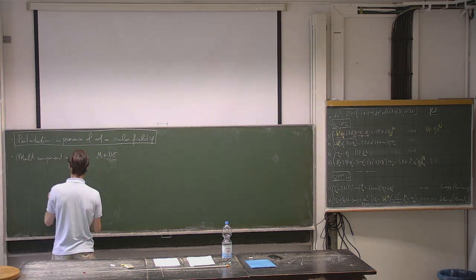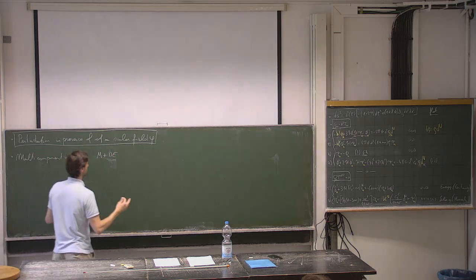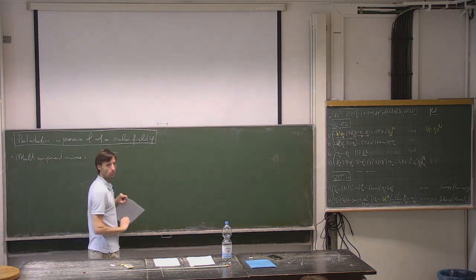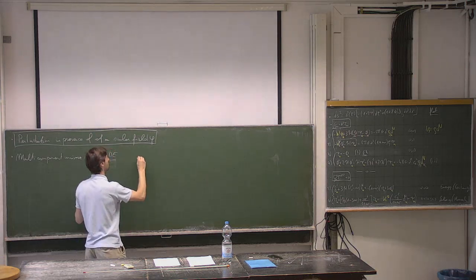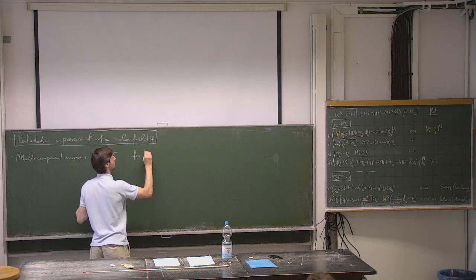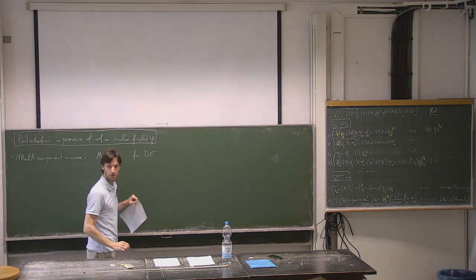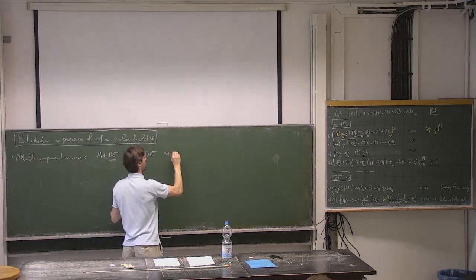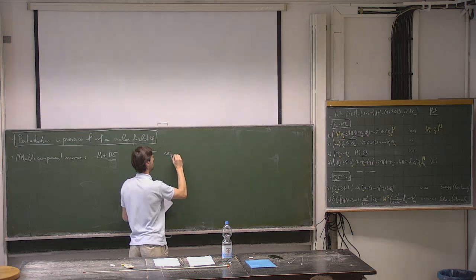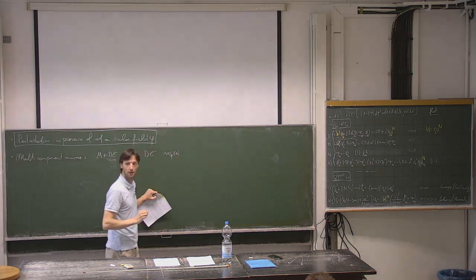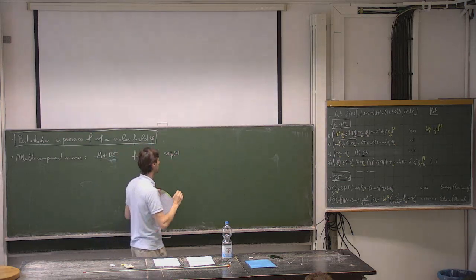So we have these two species. And we can use what we had before, but we have to keep in mind that for dark energy, we have an equation of state, which can be dynamic.